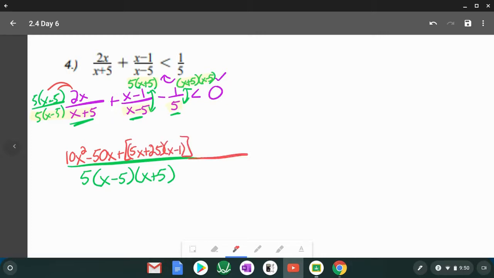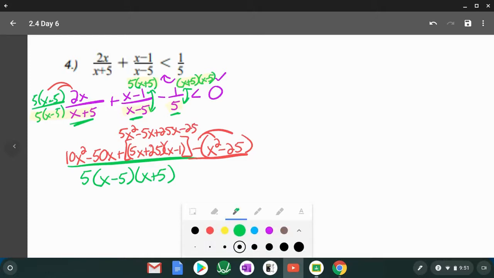And then minus x squared minus 25. That's a difference of squares, so that helps a little bit. So if we FOIL this one out, we have 5x squared minus 5x plus 25x minus 25.